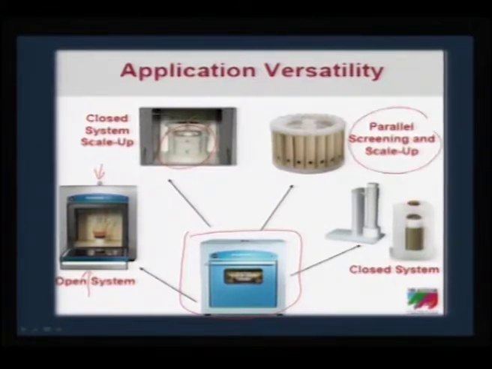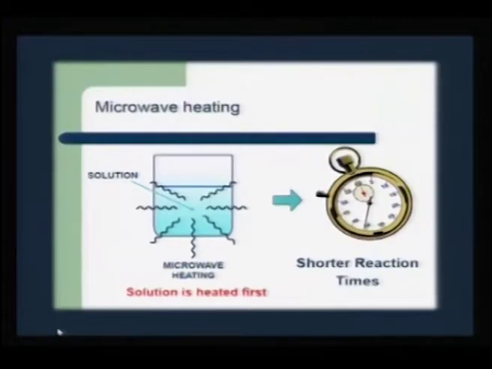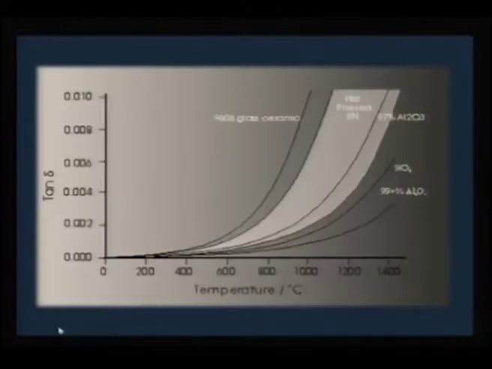So, parallel screening can be made, and Teflon bombs can be housed like this. So, either you can do open system or closed system reactions, and the buzzword here in microwave heating is the shorter reaction time, and as a result the solution actually gets a uniform heating. So, we can go for any sort of reactions that we are looking for.